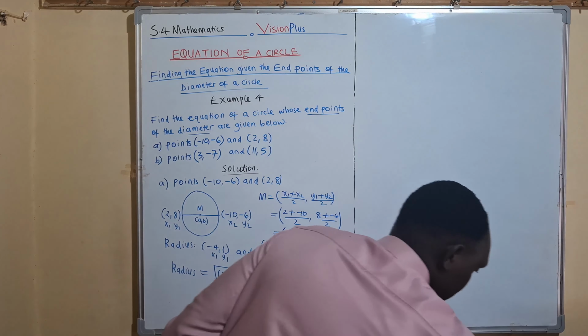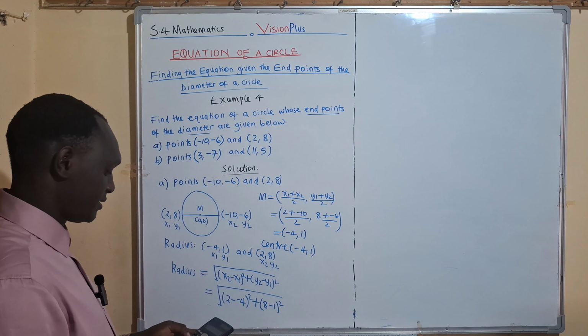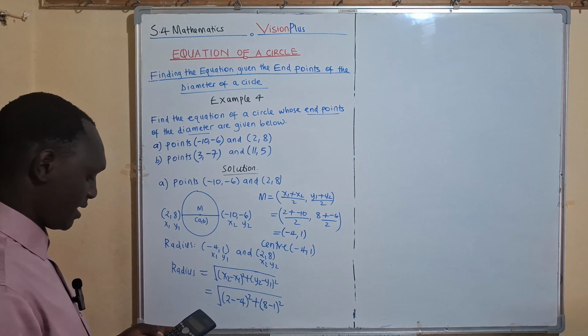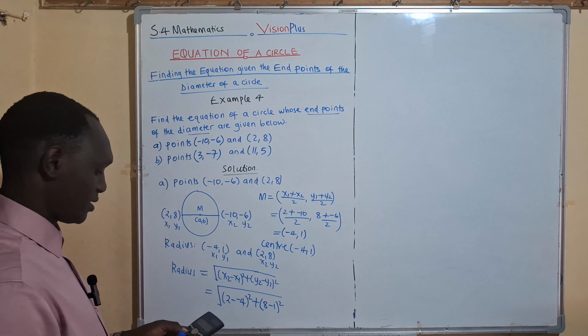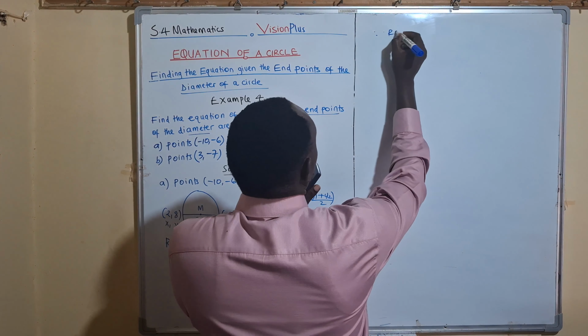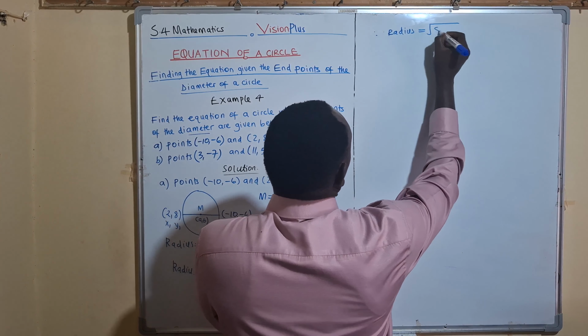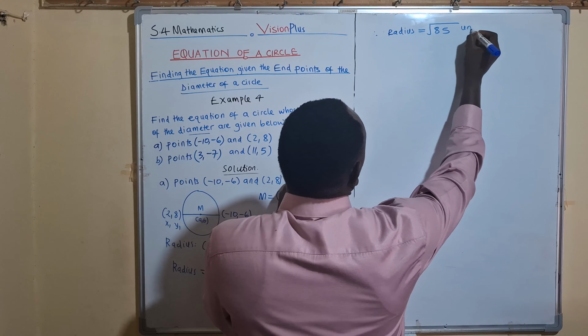Then you use the calculator. 2 minus -4 squared plus 8 minus 1 squared. I'm getting root of 85. Therefore, radius is square root of 85 units.